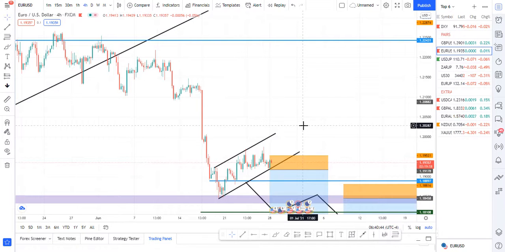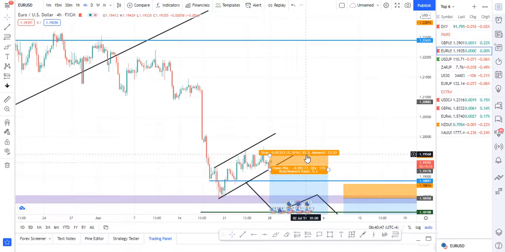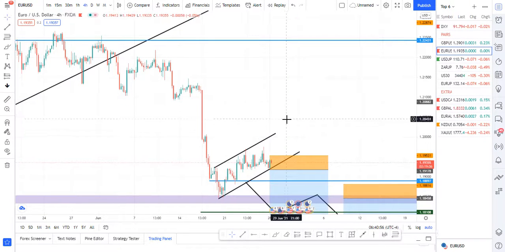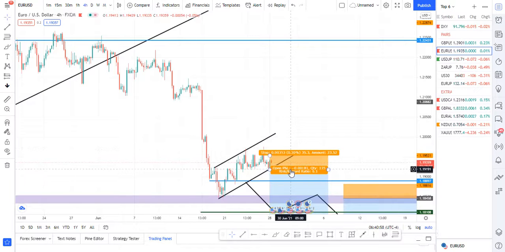So I know, okay, I'm willing to take this 35 pip loss. It's fine. I'm good with it. And based on this structure here, I'm happy, man. I'm very happy and content with the results that I'm going to get.